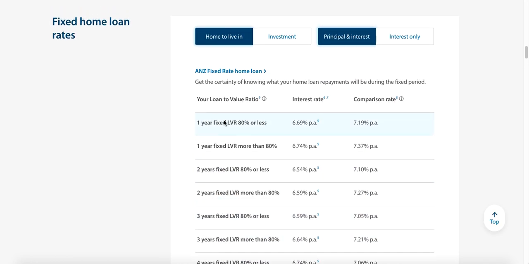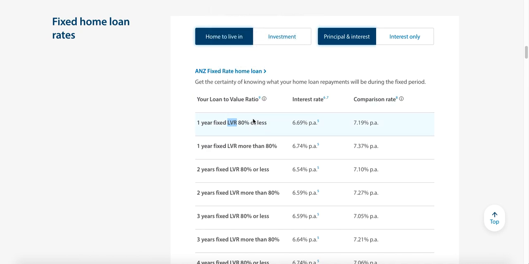Now, just briefly, since it's on the website here, it's saying a 1-year fixed LVR of 80% or less, and then it gives you the same option with an LVR of more than 80%. LVR stands for loan to value ratio. If you have a loan to value ratio of 80% or less, that means you have more than 20% of equity in your property.